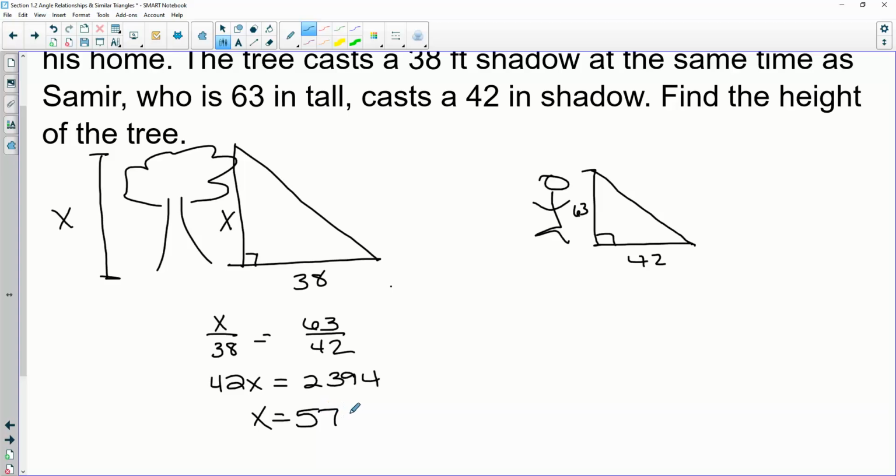And x is 57. And my tree was in feet, so our tree is 57 feet tall. Is that okay?